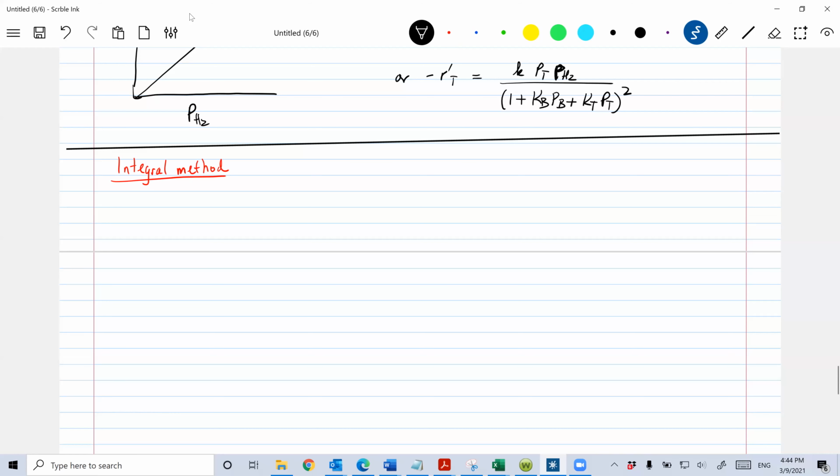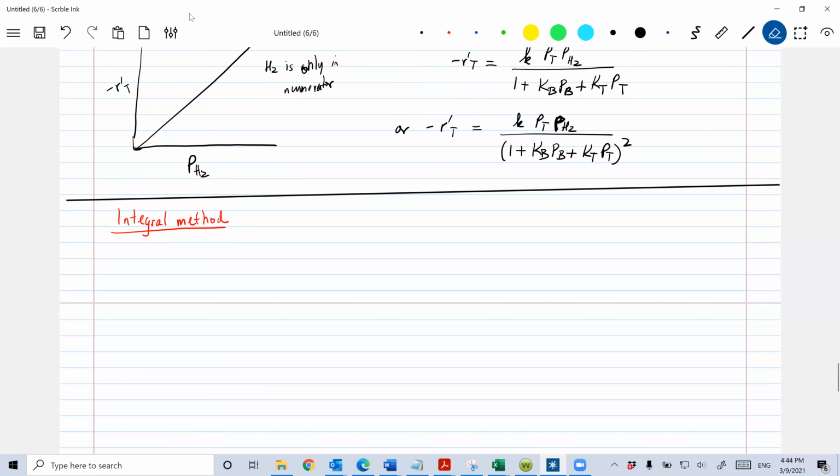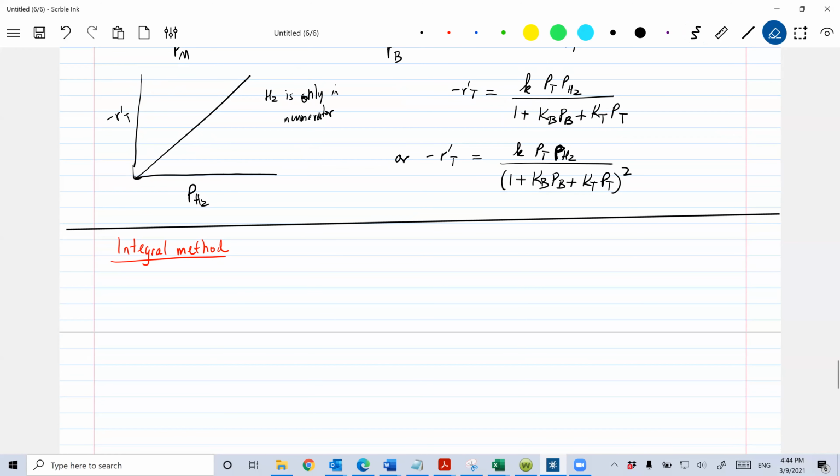The only reason why you often cannot use it is because if you plug this into an ideal batch reactor rate equation, you have to integrate this and then find a way to plot to determine the constants. You'll see what I mean in a moment. And that's why the differential method is probably the way to go for something like this.